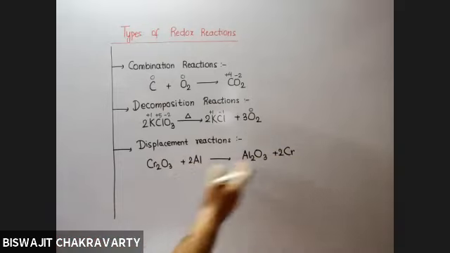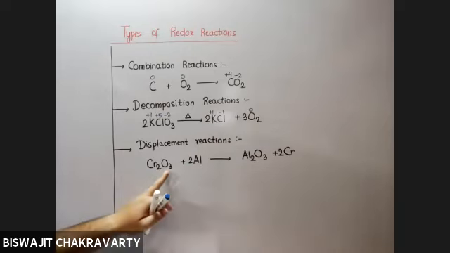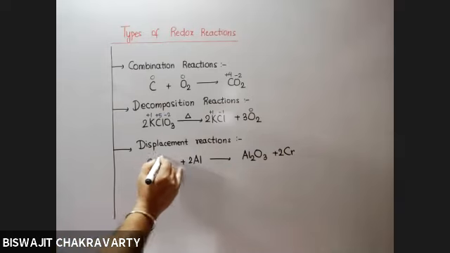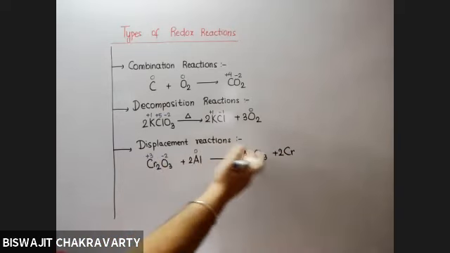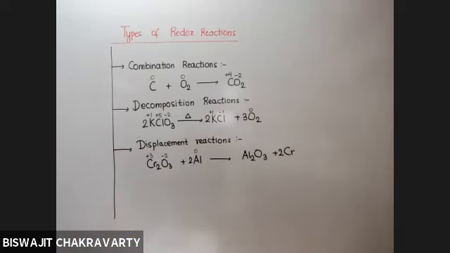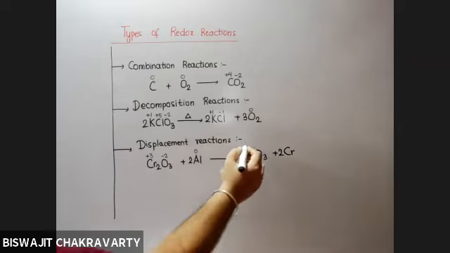So it is very much clear that in displacement, what is happening? Who was previously associated with oxygen? Was it not chromium? And after the reaction, now who is associated with oxygen? Aluminium.